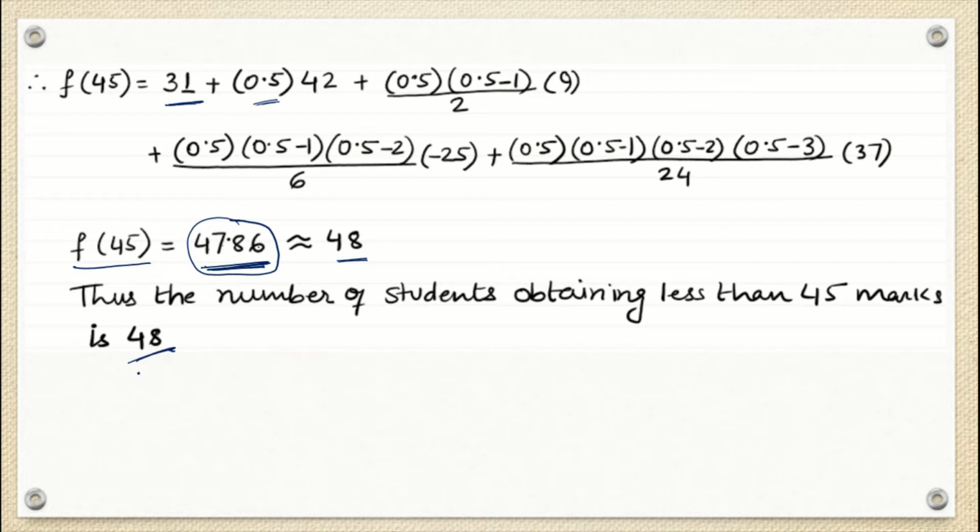One question which always comes to a student's mind: what if they ask in the paper for the number of students obtaining more than 45? Many students ask this. In that case, what should we do?